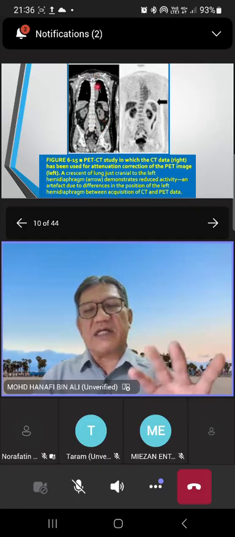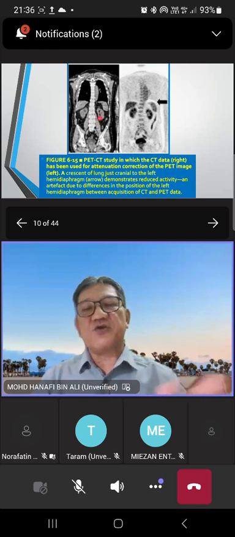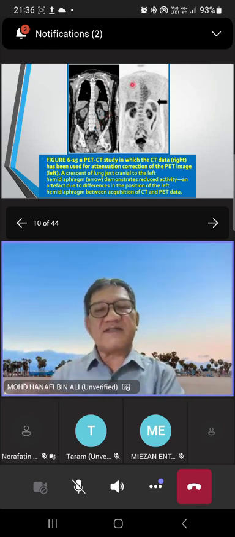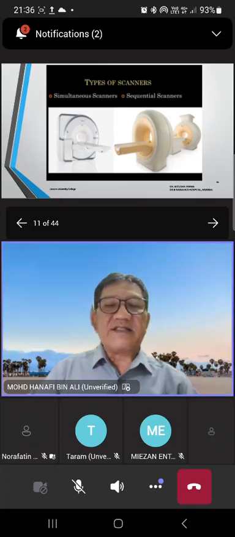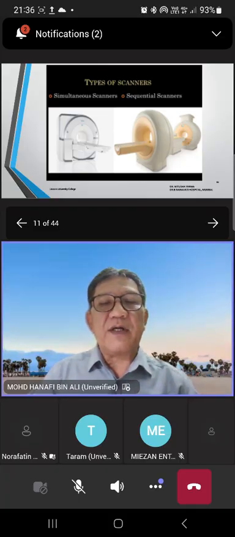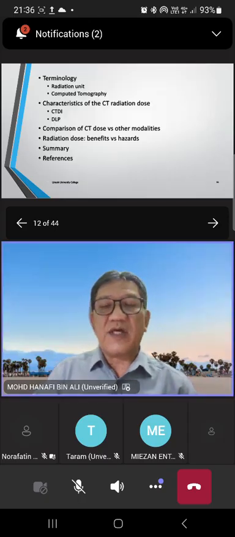Then this image is a reconstruction using computer. They process it and display it like this. This is another type of CT scan and PET together.